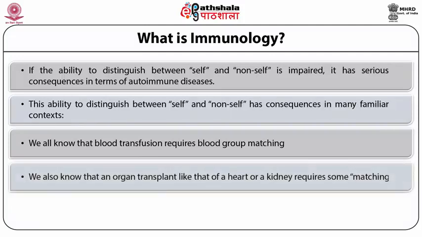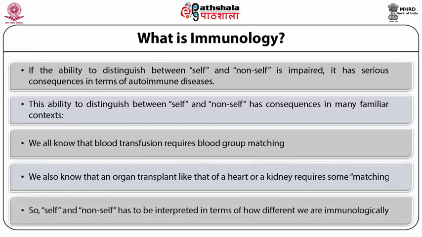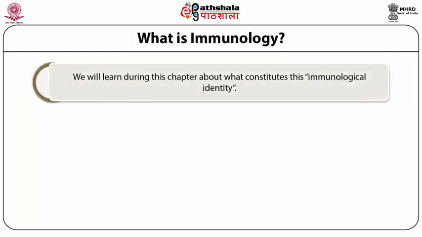We also know that an organ transplant like that of a heart or kidney requires some matching. So self and non-self has to be interpreted in terms of how different we are immunologically. In this introductory chapter, we'll also try to learn about what constitutes this immunological identity.